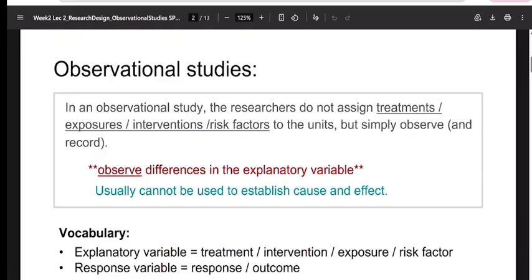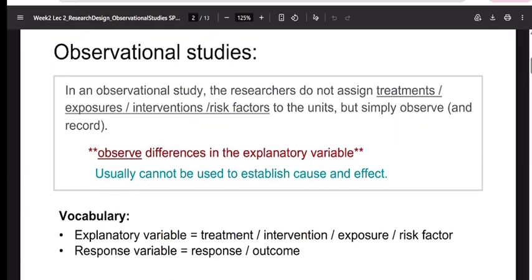I'm going to unravel that in this lecture. At times, it may not be feasible, it may be unethical, and it may even be impractical to go for experimental study. Okay, but let's come to observational study.